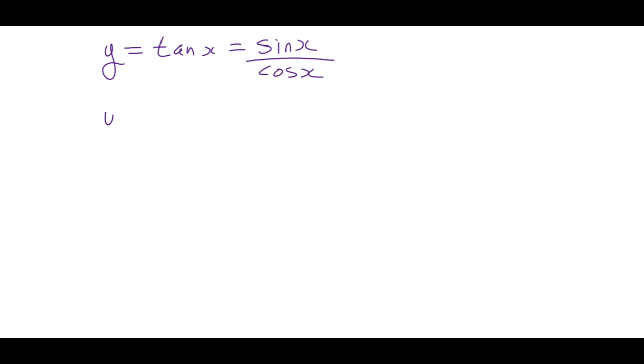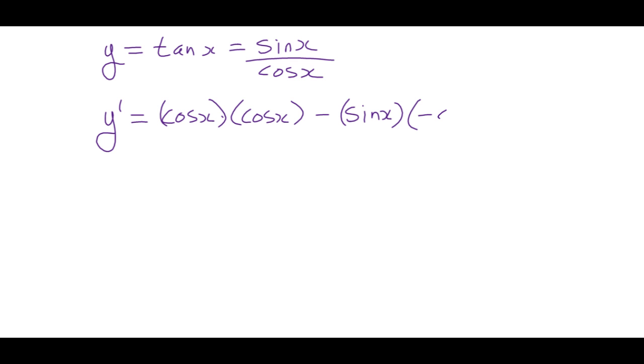Then y prime, by the quotient rule, is the bottom, which is the denominator, times the derivative of the numerator, which will be cos x, minus the numerator times the derivative of the denominator, which is minus sine x, over the square of the denominator.